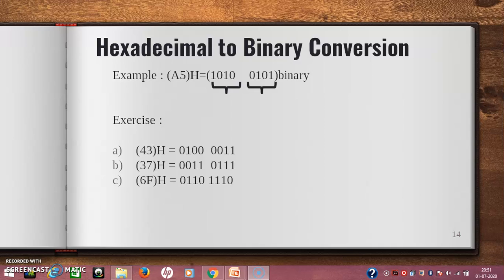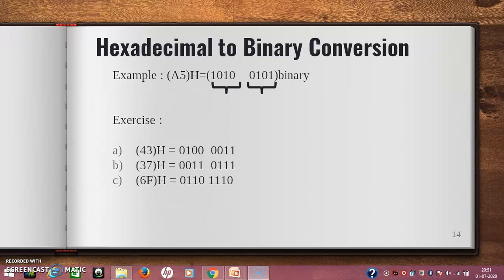The slide shows an example of how to convert a hexadecimal number A5 into binary. What we do here is similar to the octal to binary conversion, where we represent a single digit by 3 bits. Here we will represent a single digit by 4 bits.